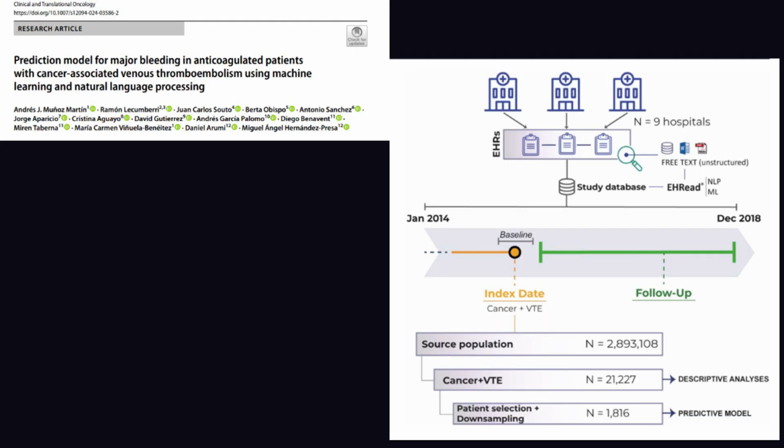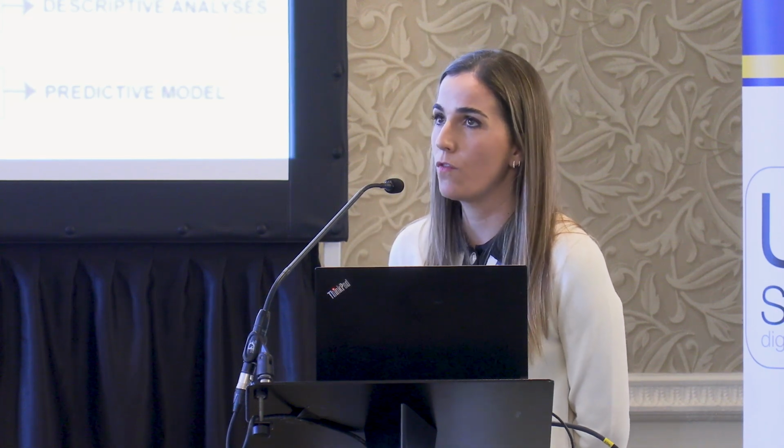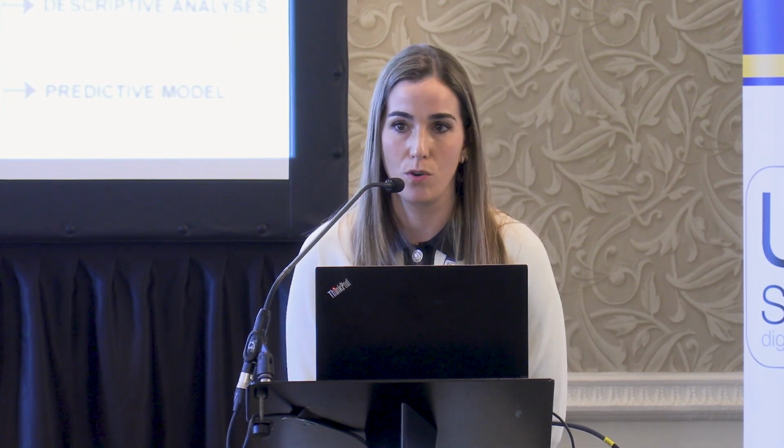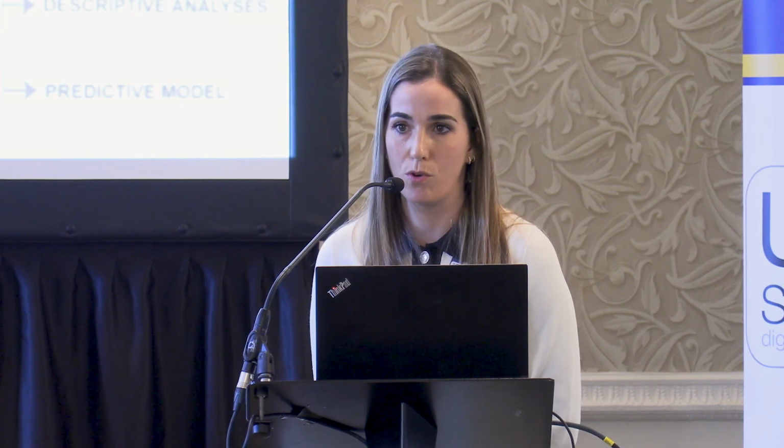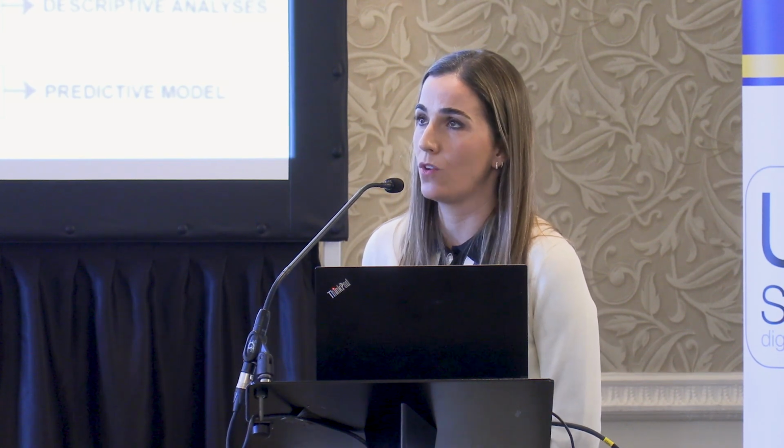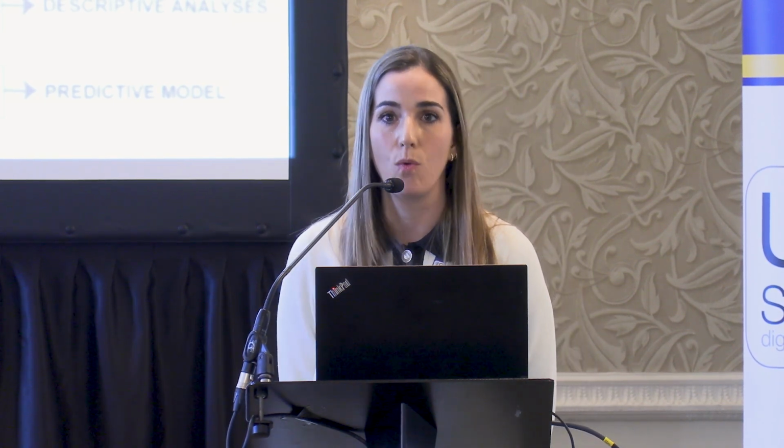For example, this was a study. This study wanted to address two different questions for patients having cancer and having a thrombosis who were under antithrombosis therapy. We wanted to create two predictive models, one to understand which patients are going to have another red thrombosis and which patients are at risk of having a bleeding.